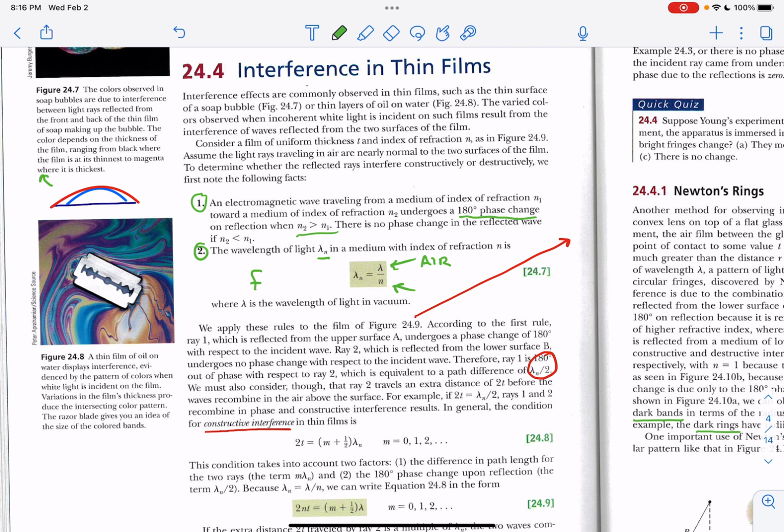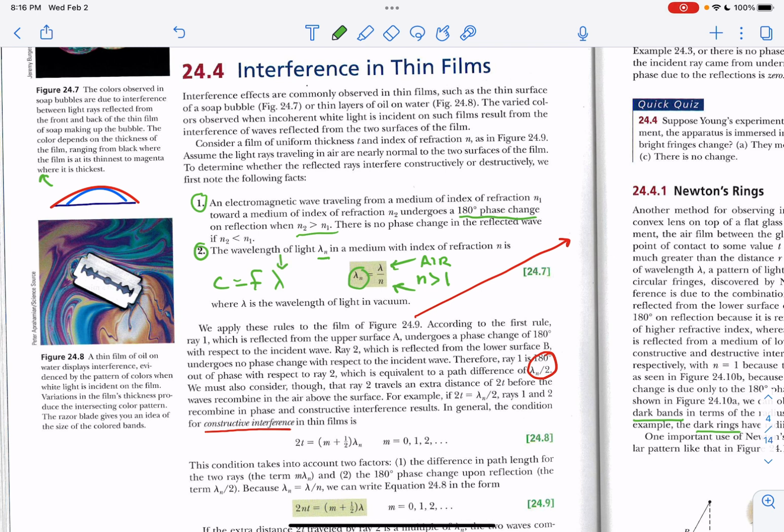So if you remember that the speed of light equals frequency times wavelength, and if you recognize that the wavelength in the medium is going to get smaller because n is always greater than 1 when we go from air to glass or water or some other medium, that means that the wavelength is going to go down.